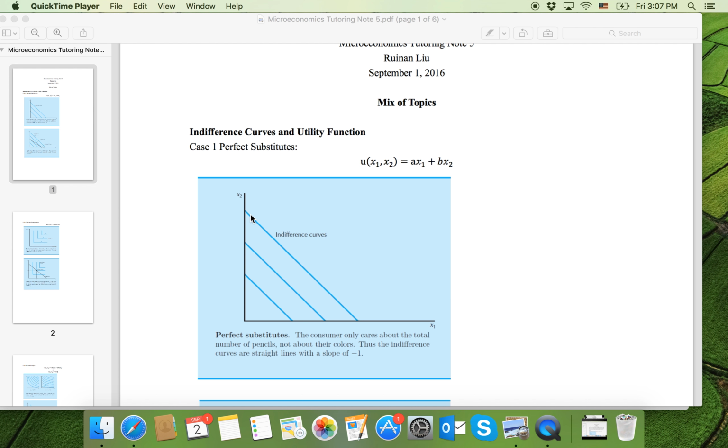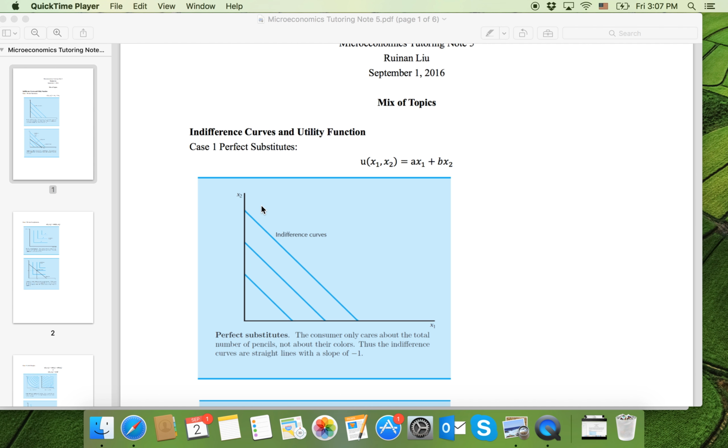Basically, the consumer is as well off here. For example, 10 Coke plus 1 Pepsi is just equally good as 1 Pepsi and 10 Coke. Oh, sorry, this is 1 Coke, 10 Pepsi. Basically, as long as the consumer has, for example, 11 tins of these soft drinks, the consumer is happy.